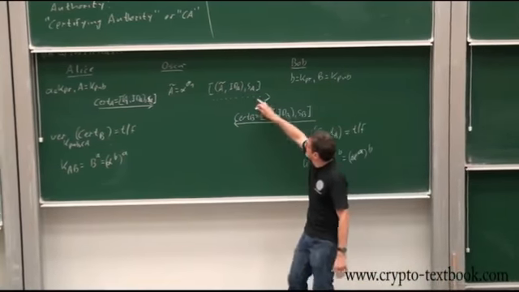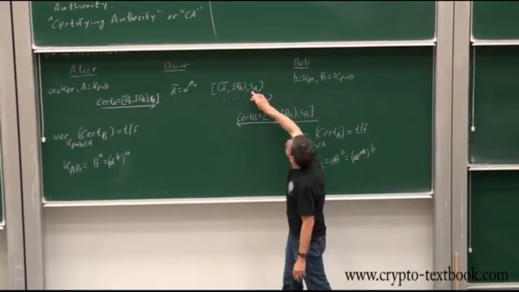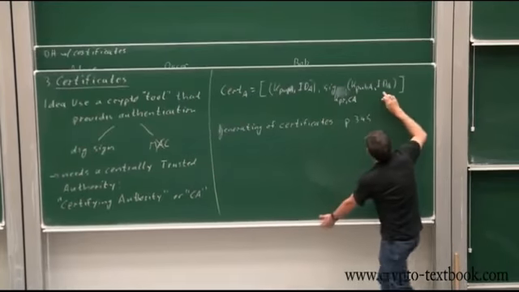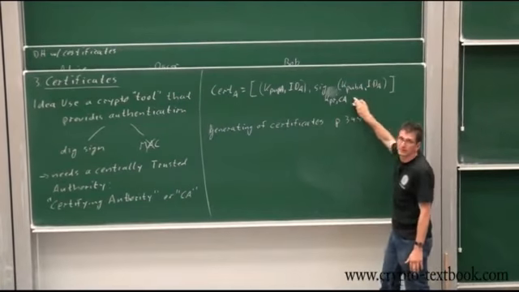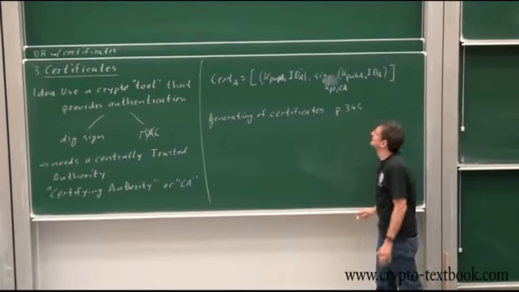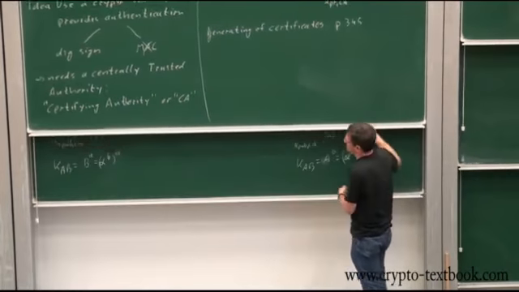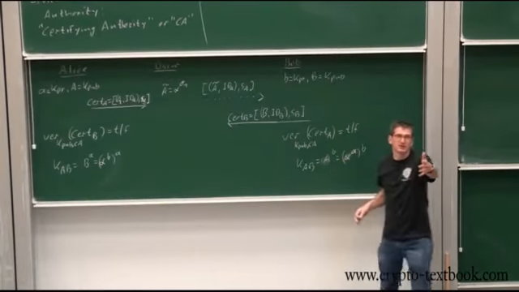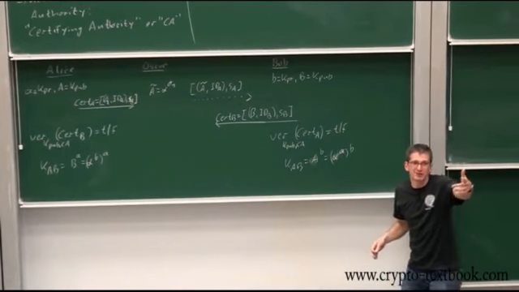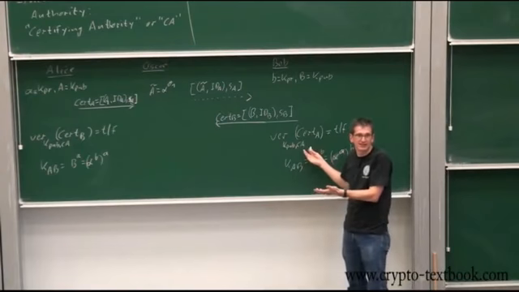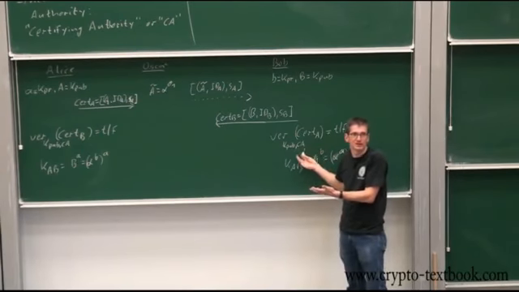Because what the CA has signed, the signature is over Alice's public key at this point, right? And you jumped one step ahead, which was absolutely right. So he knows this will fail at this point.